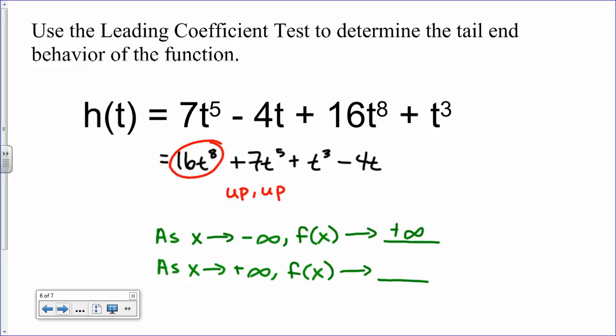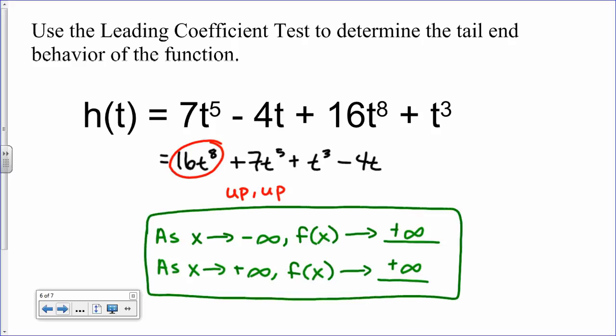Positive infinity and positive infinity. If you have down, it's going to be negative infinity. Questions about that? Okay, so we've done this before. We've talked about end behavior a lot. Now we have specific rules and a more formal way to write it.